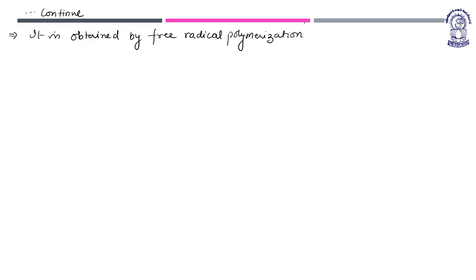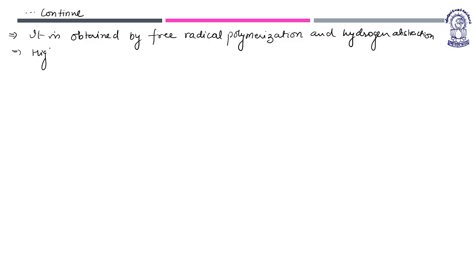Free radical polymerization is addition polymerization, and it involves hydrogen atom abstraction.